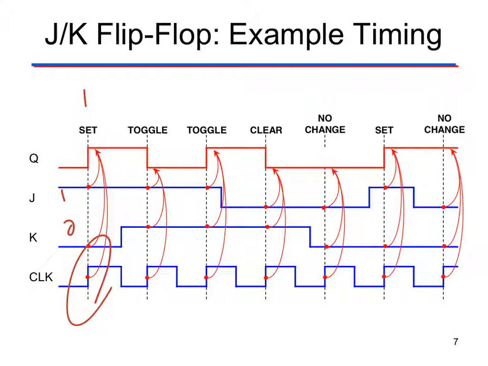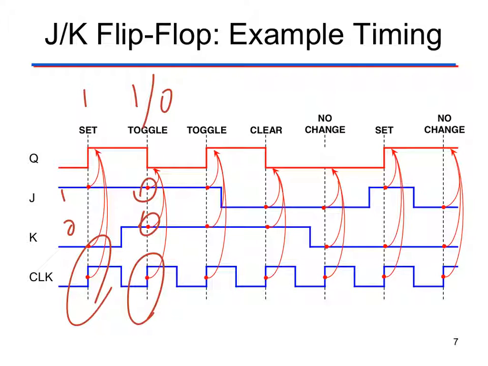Looking at the next rising edge of the clock, both J and K are 1. Because they're both 1, it's going to toggle whatever is on Q the other way. So currently Q has a 1 on it. On that rising edge, it's going to toggle from a 1 down to a 0.